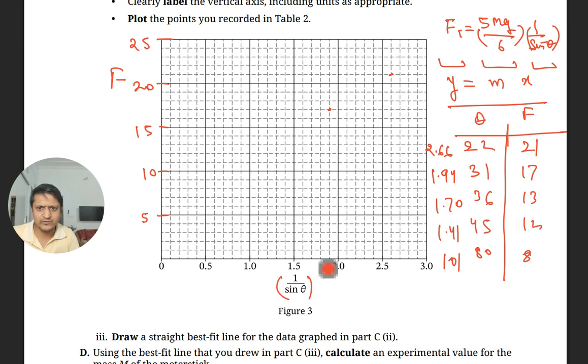Then 13 and 1.7 is here. Then 12 and 1.4, like this. You can mark like this also. And then 8 and 1. This is 8. Okay, so now we need to make a line of them.